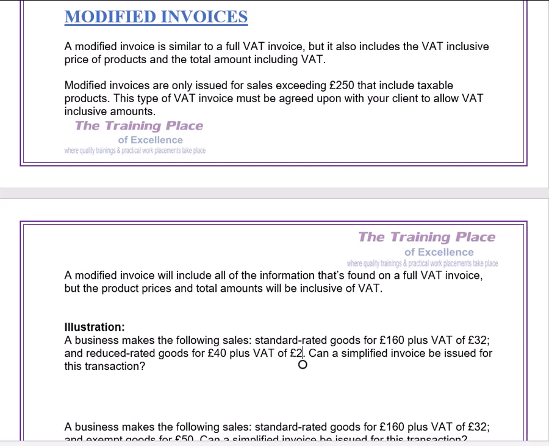This type of VAT invoice must be agreed upon with the client to allow VAT inclusive amounts. A modified invoice will include all the information that's found on a full VAT invoice, but the product price and total amounts will be inclusive of VAT.